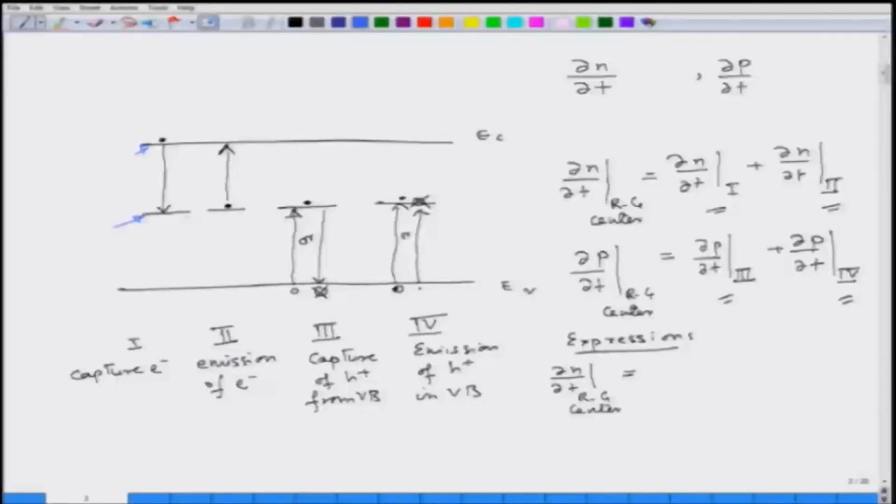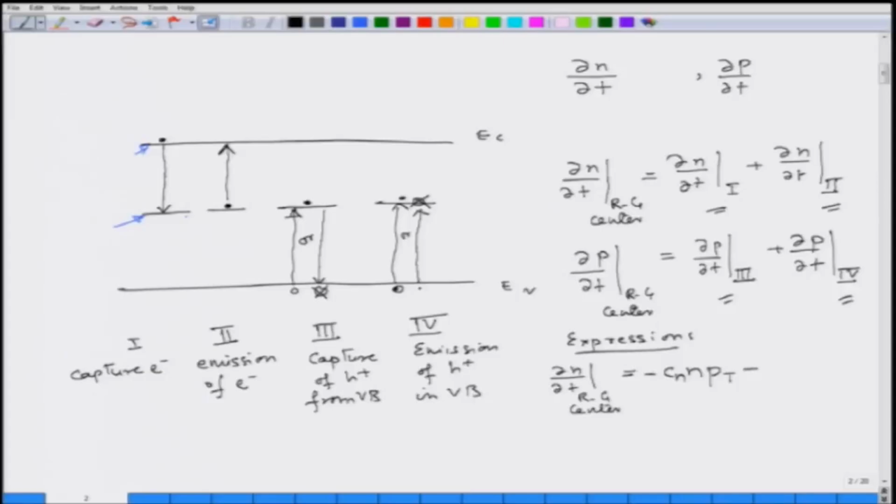It also needs empty trap states in order for the electron to combine with the trap states, which means the rate for process 1 has to be proportional to the number of electrons in the conduction band multiplied by the number of empty trap states, which was given by P t as we defined that, and a proportionality constant for capturing of electrons C n, and this would reduce the electron concentration. So, with a negative sign. So, that is the rate for the first process.